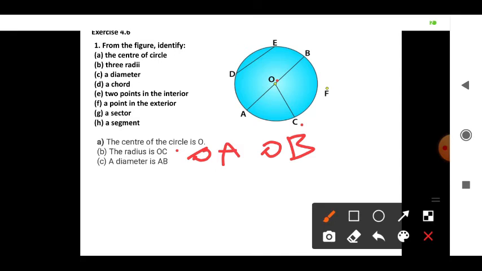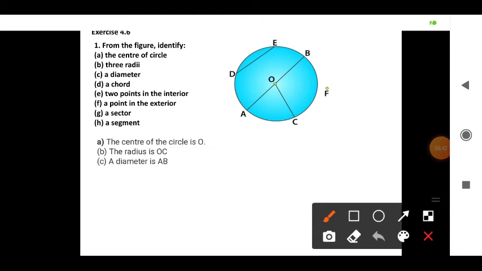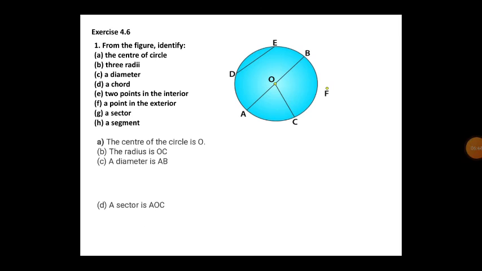A diameter: AB is called the diameter. A line that passes through the center is called a diameter. Now a chord. Which one do you call a chord? DE is the chord.